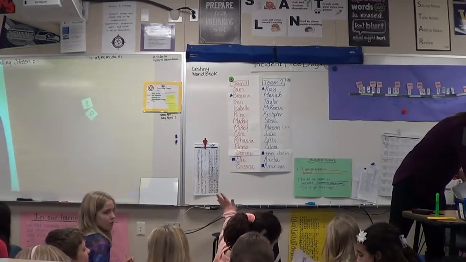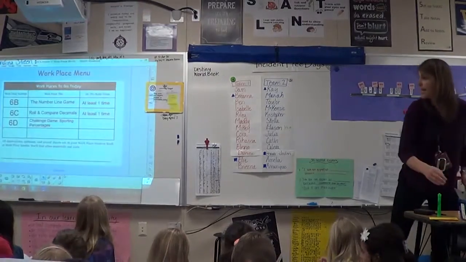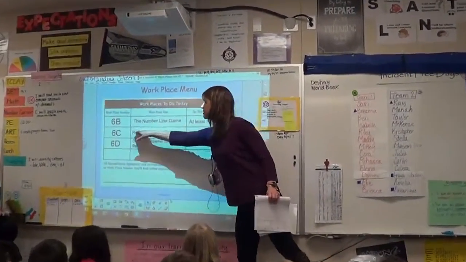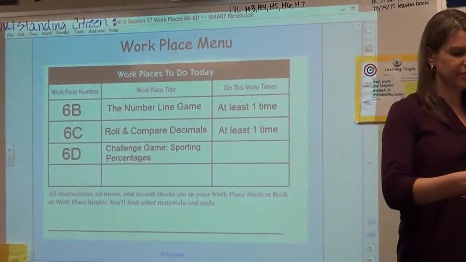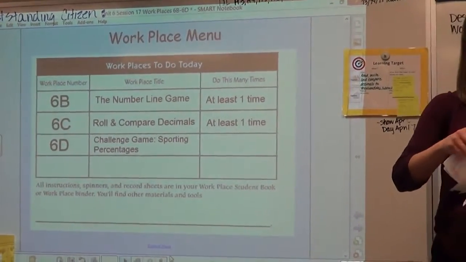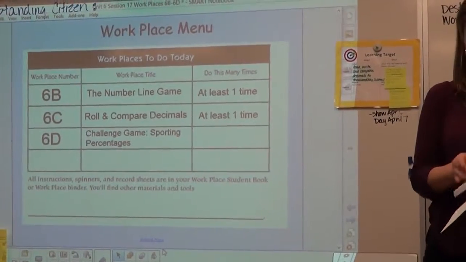So when you are done playing 6B, roll and compare decimals, I want you to play the number line game again as well. Okay, so I do want you to play roll and compare decimals first while it's fresh, and then you can go back and play the number line game.